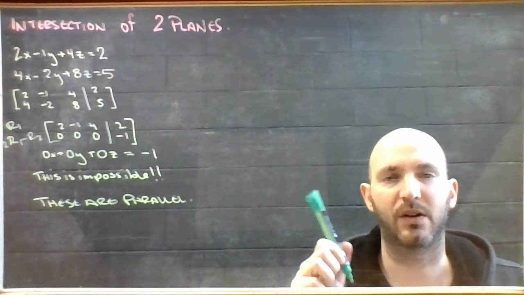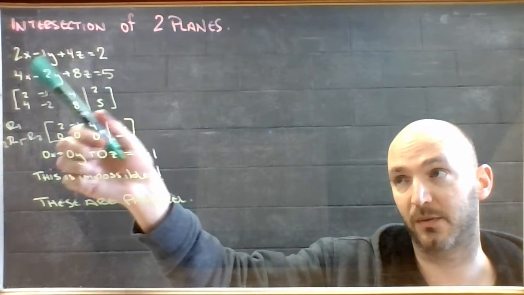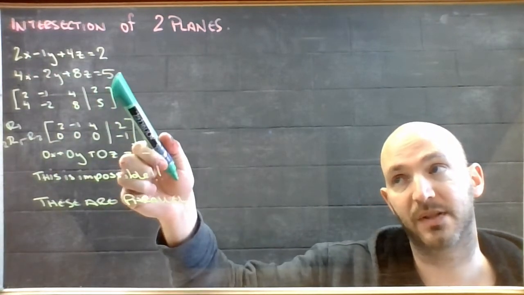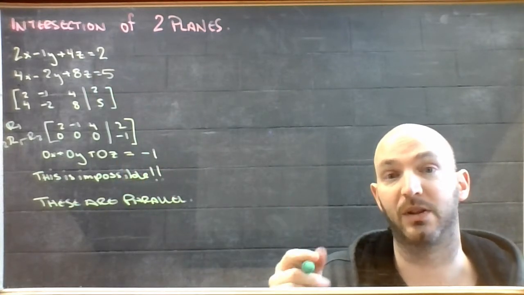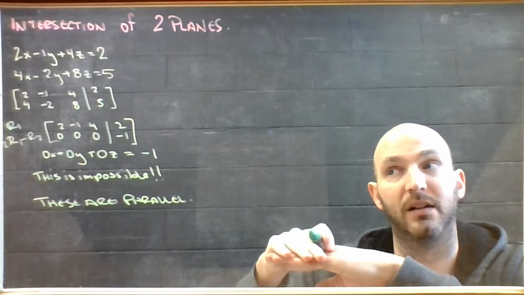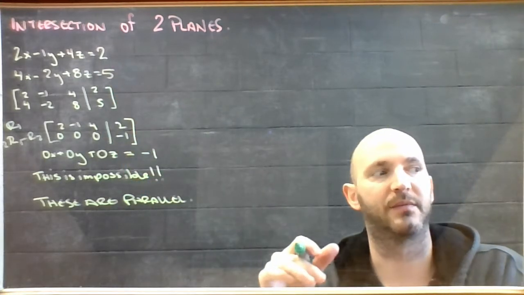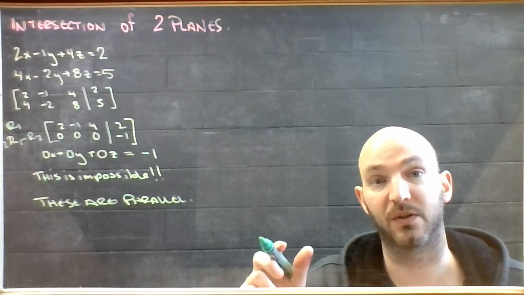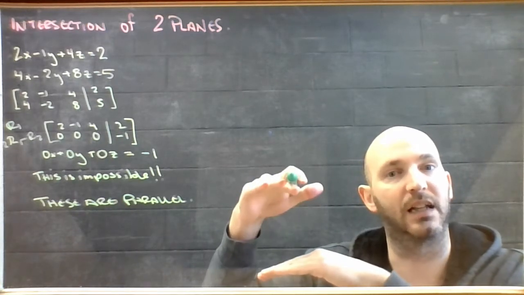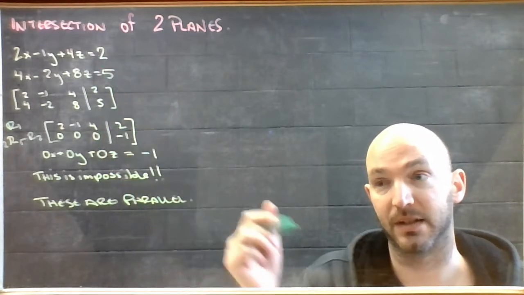So their equations are almost double, right? Double this equation, you get that. If this was a 4, it would be exactly the same plane, so they would be equal everywhere. But because this is offset by a little bit, that vector, from nose to screen in the vector equation of the plane, has offset it a little bit so that this one is a little bit higher than this one is.